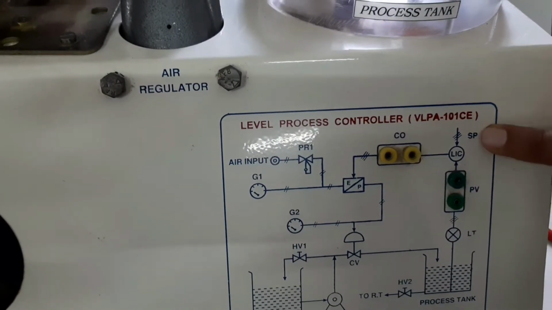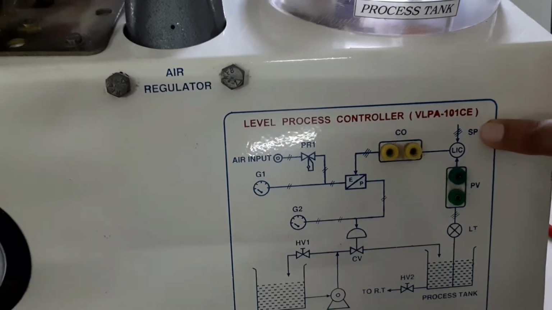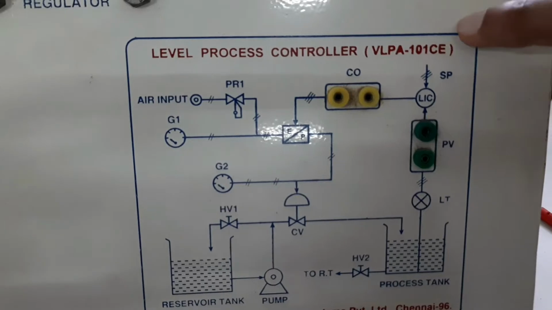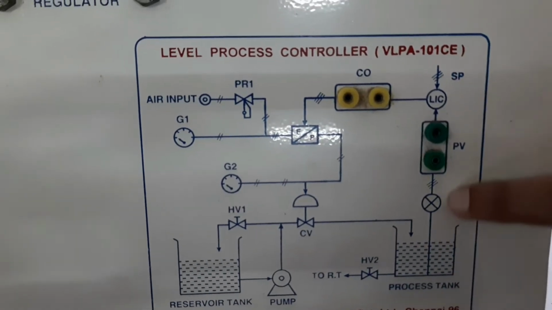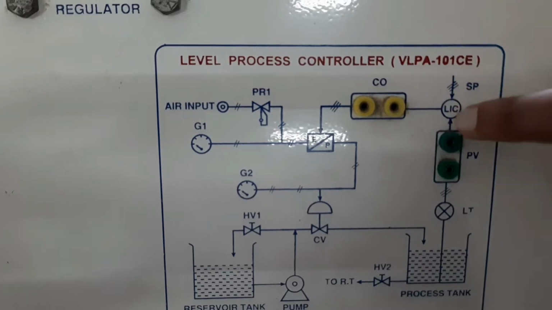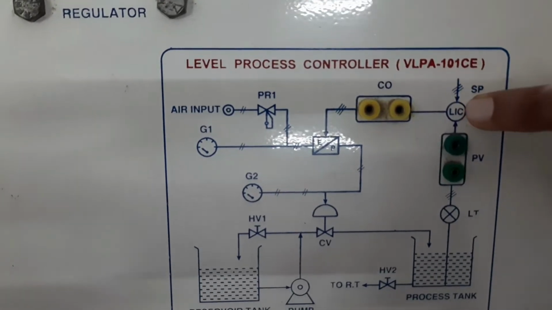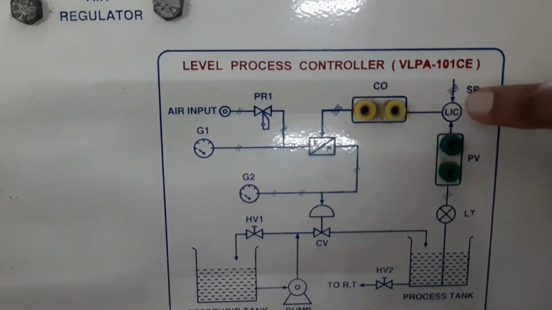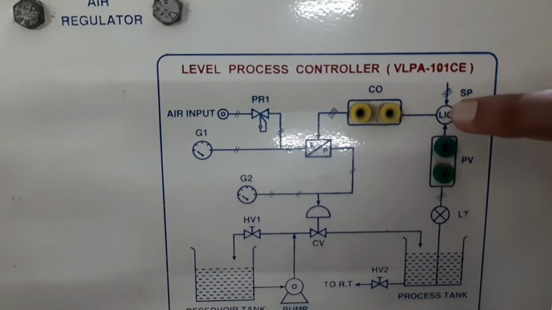So here SP is denoting the set point. What is the level of water that we need to maintain in the process tank? The set point is compared with the feedback, and it is given into a controller. In this case, the computer is acting as the controller, and in that controller we can use different control algorithms.